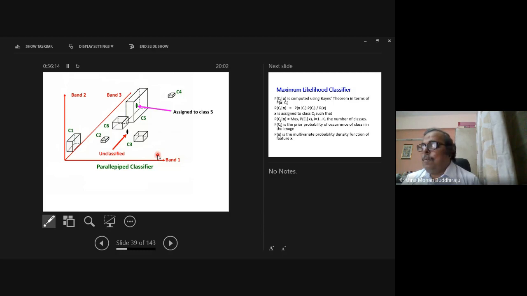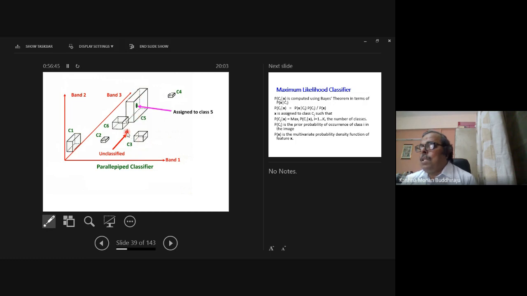Like here, for example, for this particular sample, if its band 1 value is within the bounds of class 5, and band 2 value is within the bounds of class 5, and if its band 3 value is within the bounds of class 5, then you say that this should belong to class number 5.